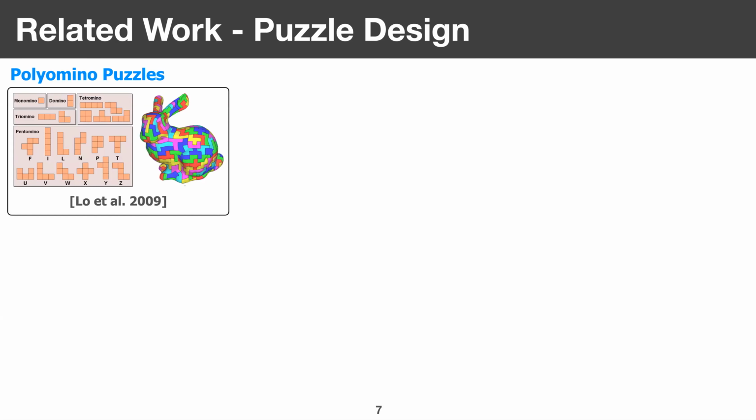In the computer graphics community, researchers attempt to extend the traditional geometric puzzle. The traditional polyomino puzzle is a tiling puzzle on a 2D plane. Rowe et al. extended it to the surface of 3D models.